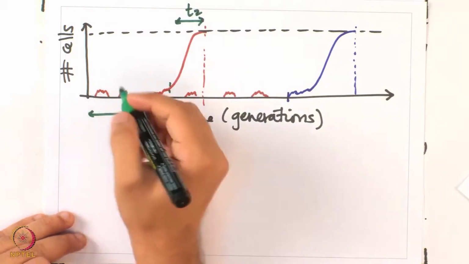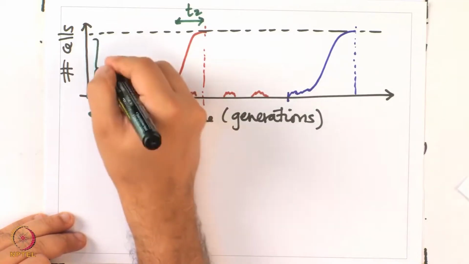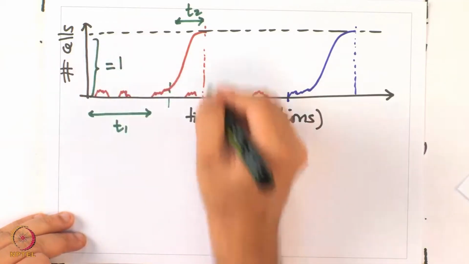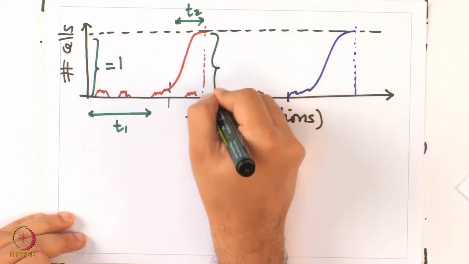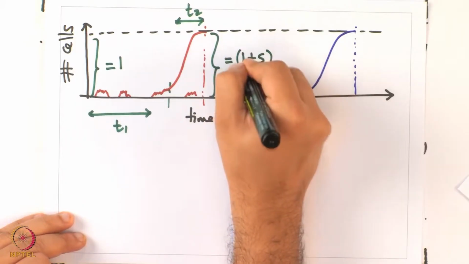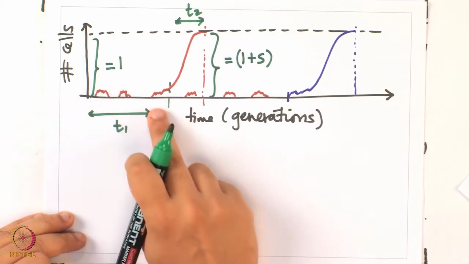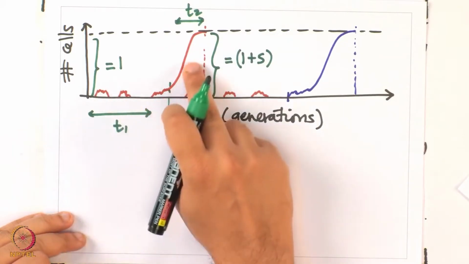And since the fitness of every individual at this point is equal to 1, fitness of every individual at this point is equal to 1 plus S, because the mutation that occurred increased the fitness of the mutant from 1 to 1 plus S, and that mutant spread through the population.